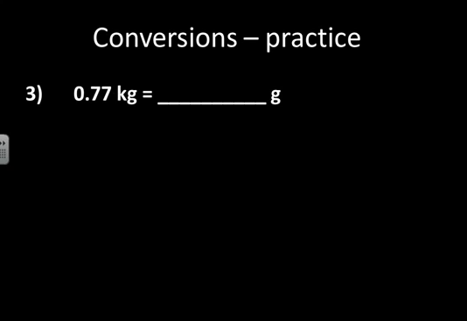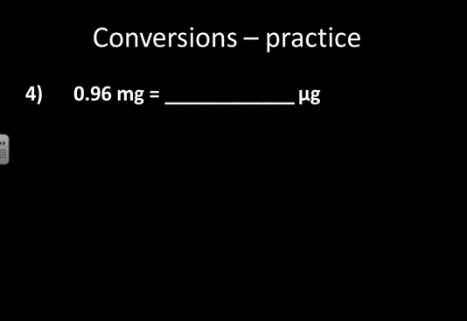Number 3, 0.77 kilograms converted to grams. Pause the video while you practice. Now that you're back, you should find that the number of grams here is 770. Number 4, 0.96 milligrams.